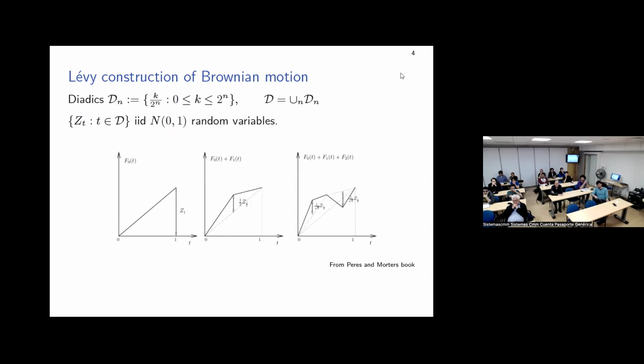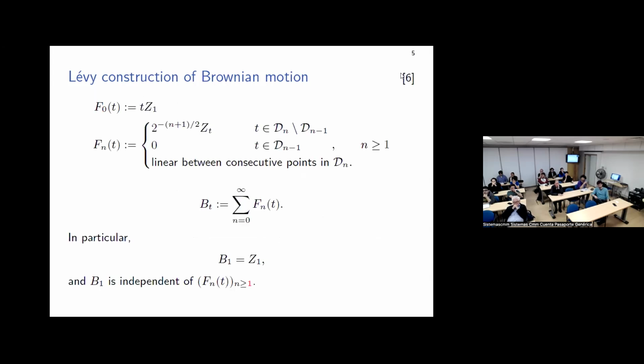But this gives you a dependence of B_1 that is independent of what happens in the middle in this construction. So Z_1 is independent of the other functions for n greater than or equal to 1, because Z_1 enters only in F_0.